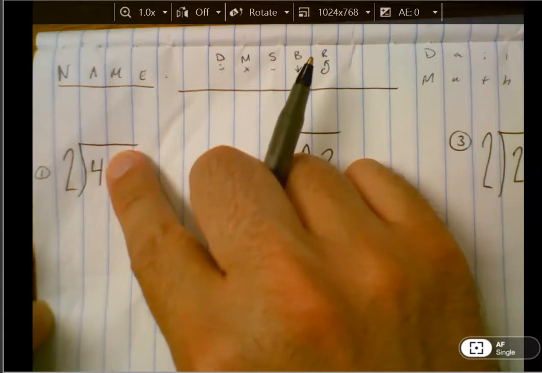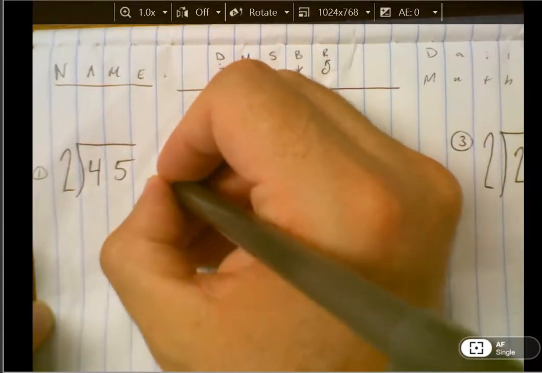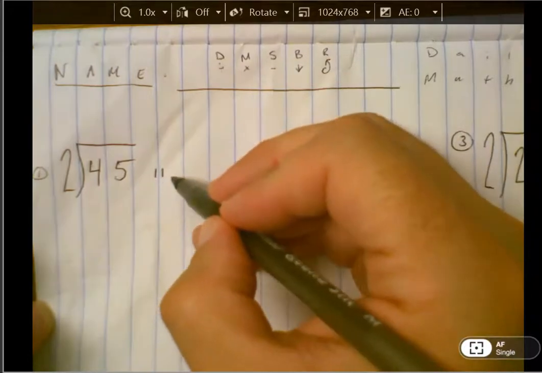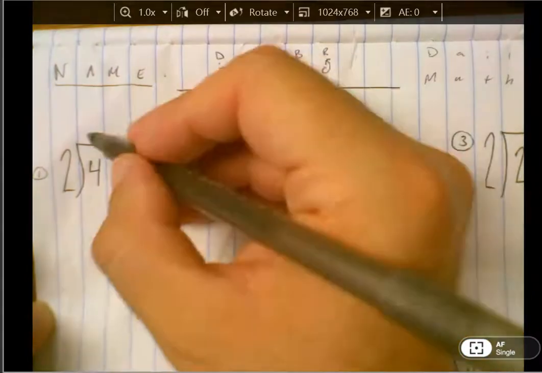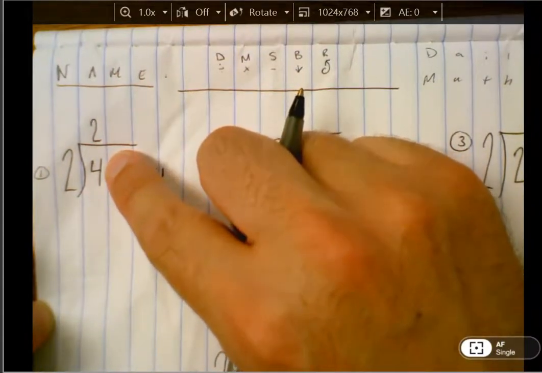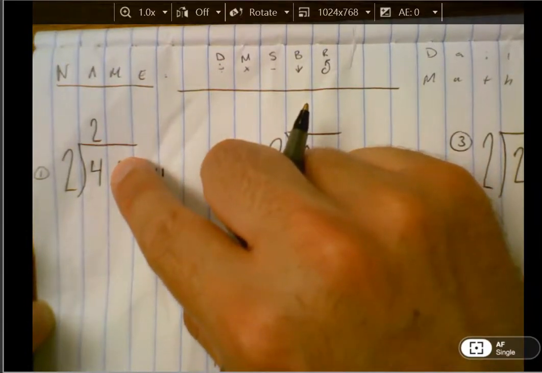So skip count by 2 till I get to 4 or close to 4. The way I do that is with tally marks. It helps me keep track. 2, 4. This is part of my quotient. This goes above the number that I just divided, which was the number in the tens. That's my division step. I divide by using tally marks, and then I move on to multiplication.